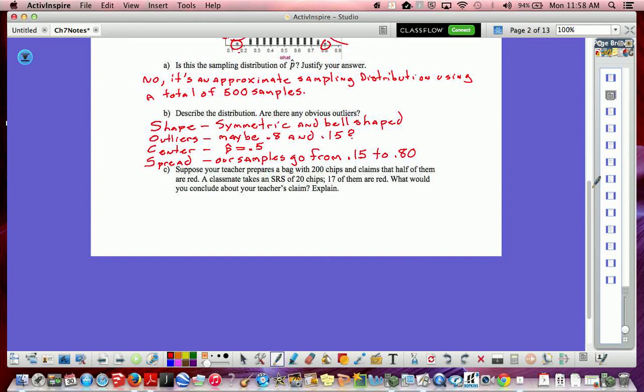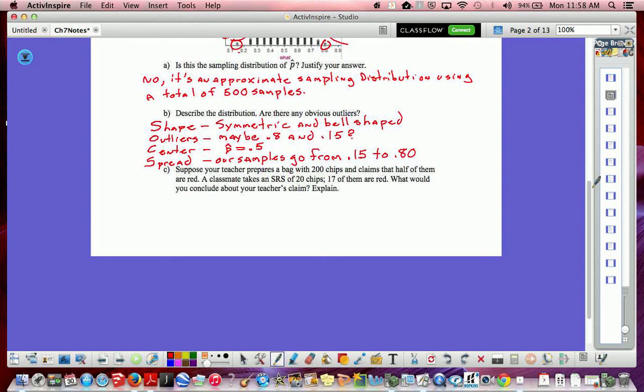All right, last question. Suppose your teacher prepares a bag with 200 chips and claims half of them are red. So for instance, I have a bag, you haven't seen what I put in there, and I'm telling you, 100 of them are red and 100 of them are blue. But you can't see the contents of the bag.